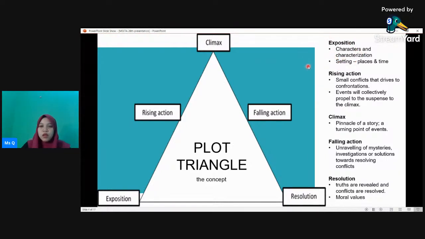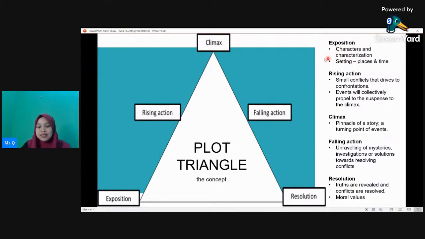After you introduce all the setting, characters, and characterization, I would like to remind you that in the exposition, it is very important that you describe your main characters well. If your main characters have specific characteristics that you think are quite interesting to be shared, please share them here.